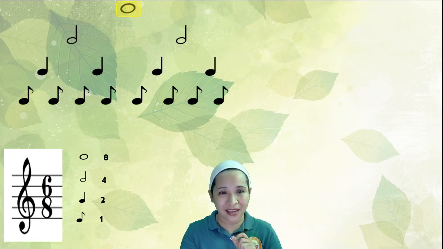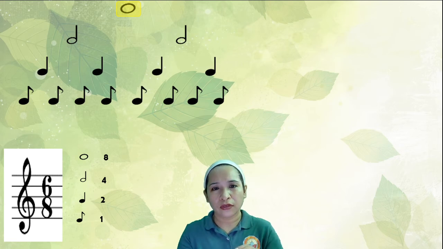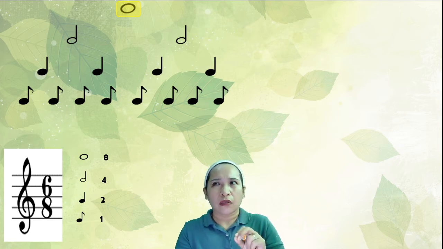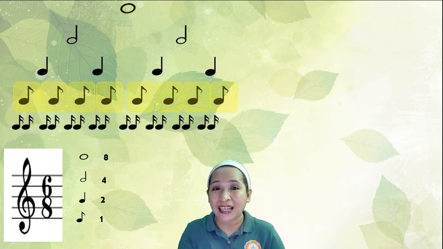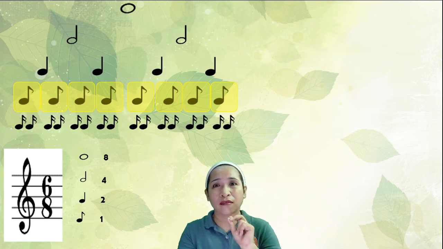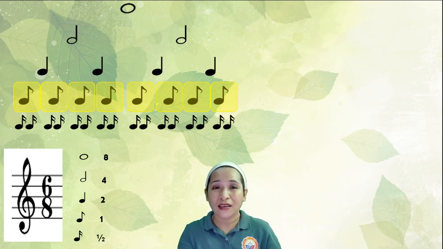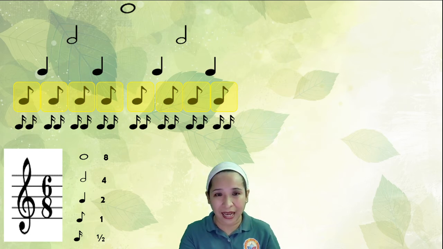to 8. So going down, for an eighth note, there should be two 16th notes to have one eighth note. So if an eighth note is equal to 1 and there are two 16th notes for an eighth note, then a 16th note this time is equal to 1 half.